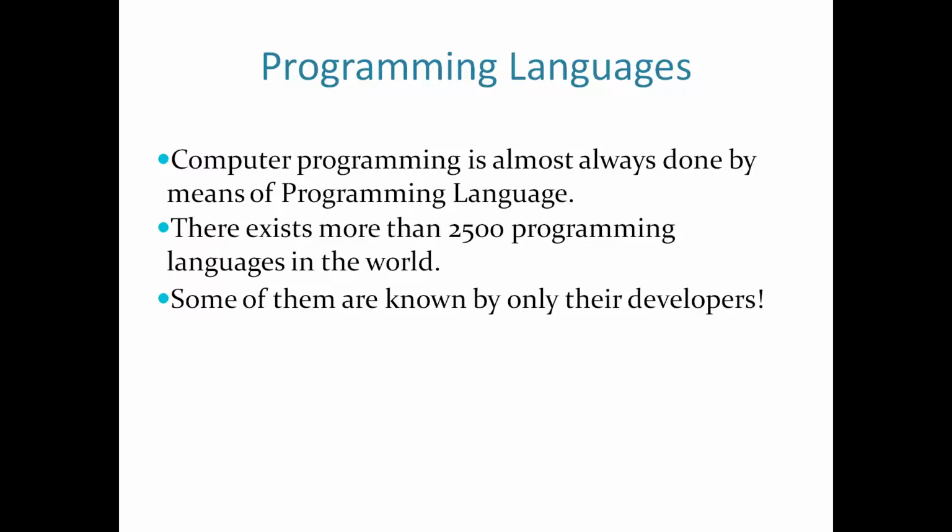Programming languages. Computer programming is always done by means of a programming language. Just like I said a moment ago, we humans communicate with each other in the form of a language. Language is the source of communication between us humans.